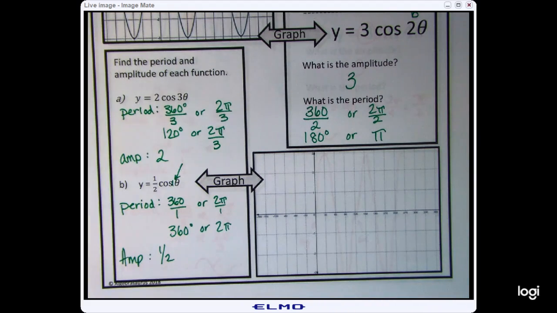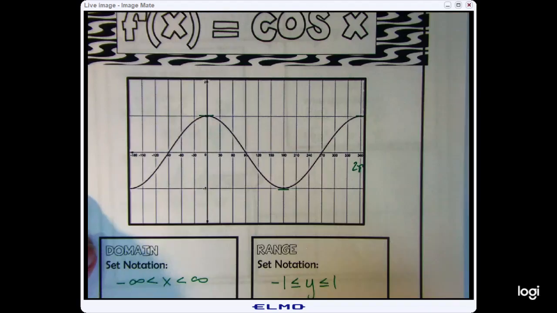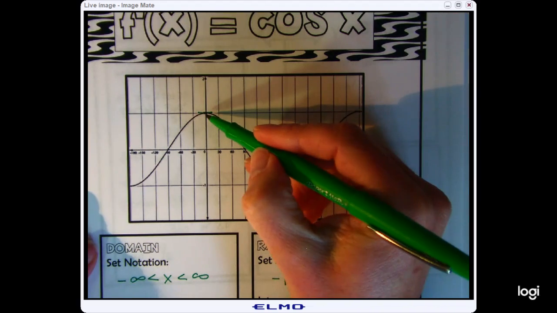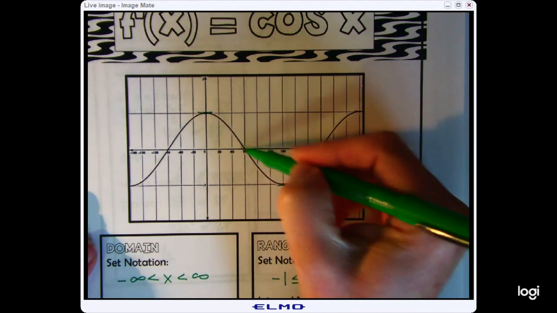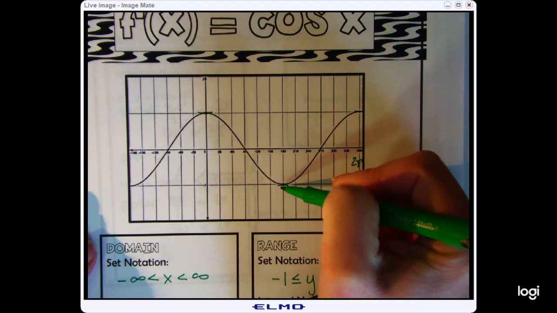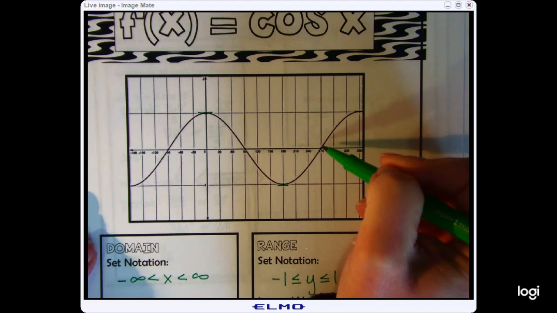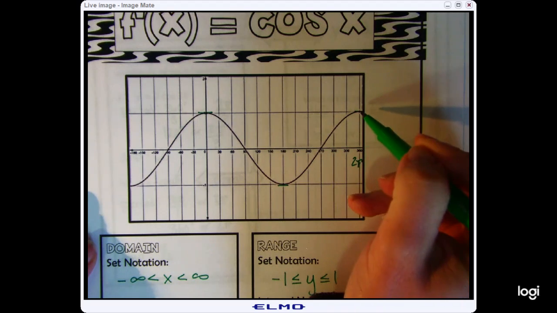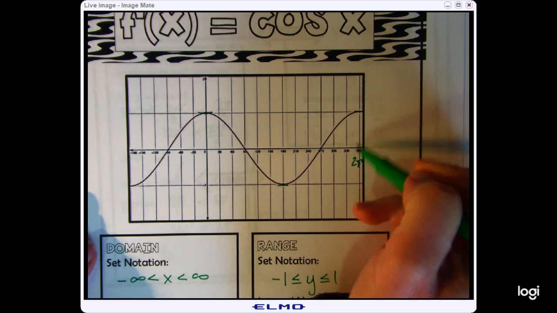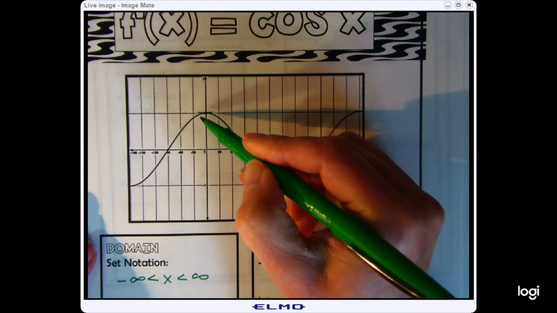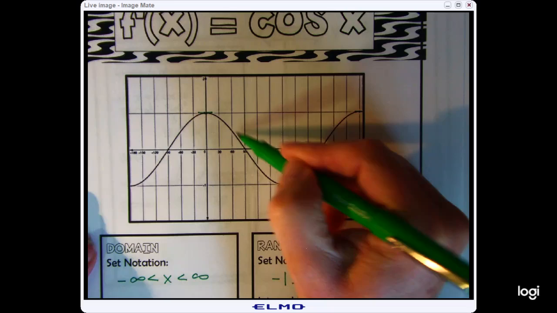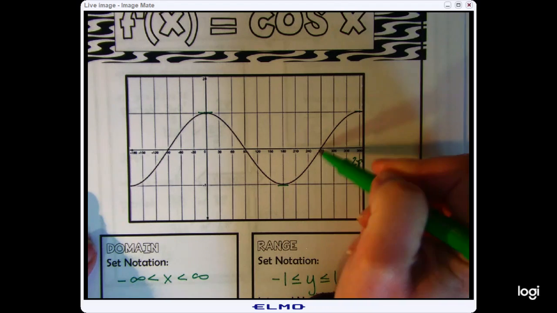All right, let's remember what our cosine wave looks like. It starts at the maximum. Halfway through, it's crossing at the center. It goes to the minimum, and then it's back to the center. And then it is back at the maximum at the end of its cycle. Okay, so max, center, minimum, center, max.